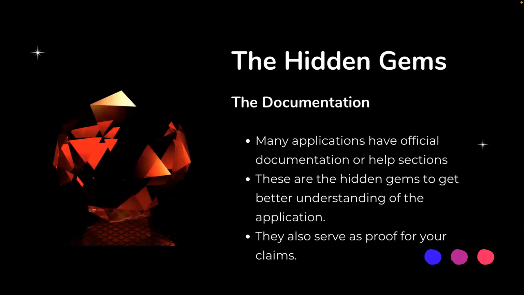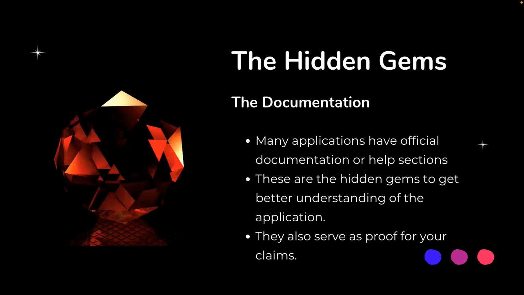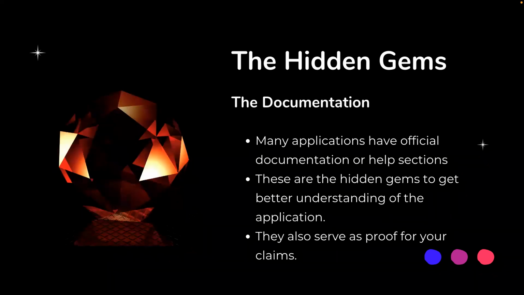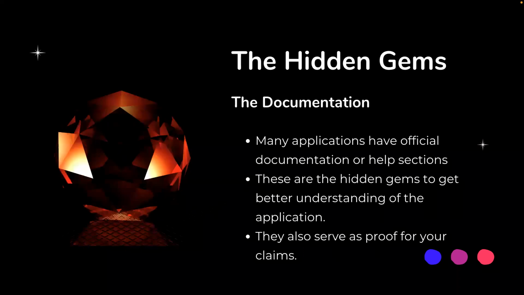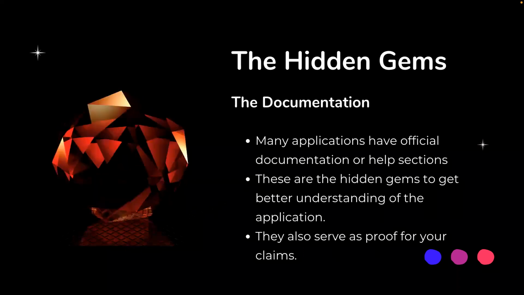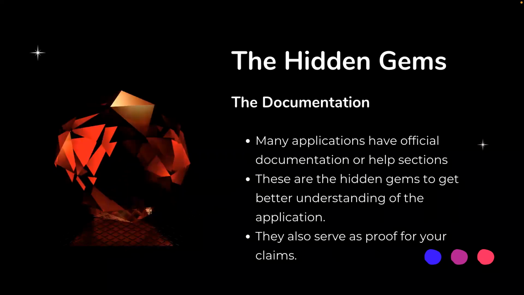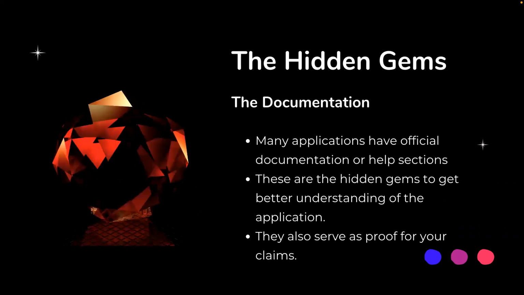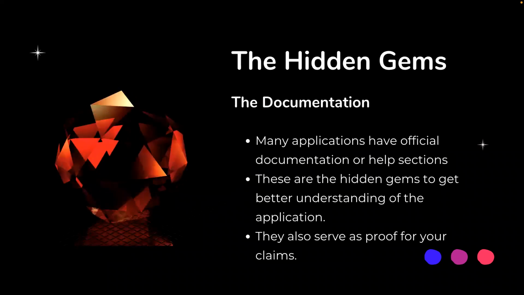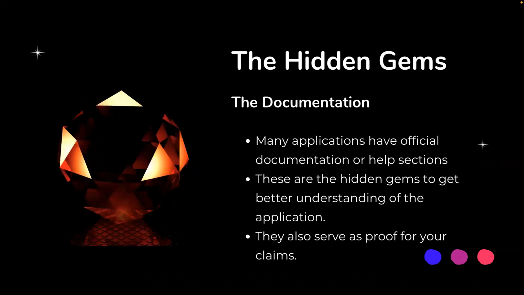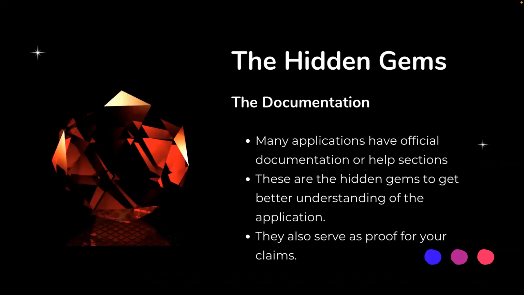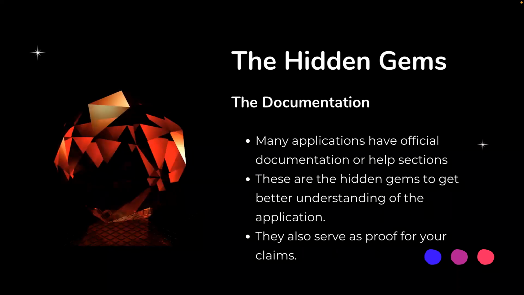But there might be chances that you might be seeing it from one side, and the company people might be seeing it from the other side. So the bug may not be valid at that time. But if there's documentation, you can claim on that basis that, see, you have written this in the documentation and this is the behavior I have found out.